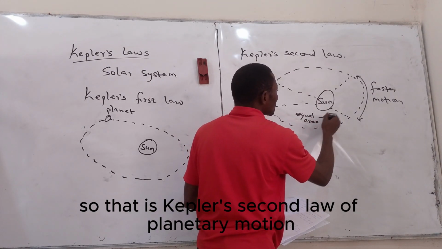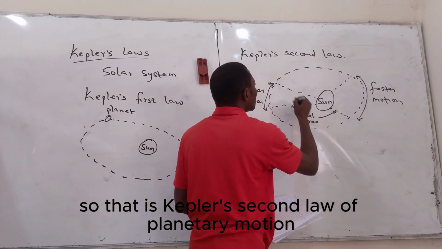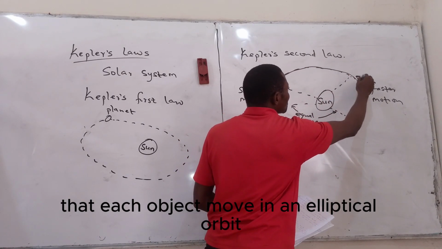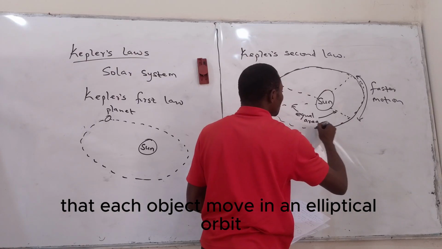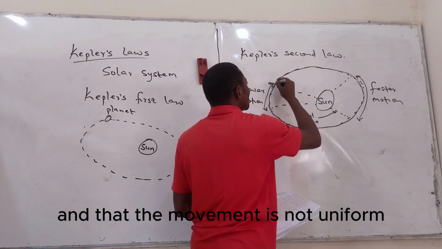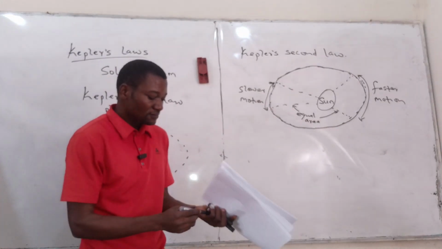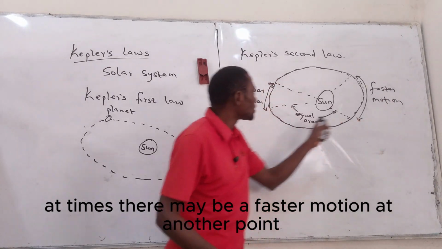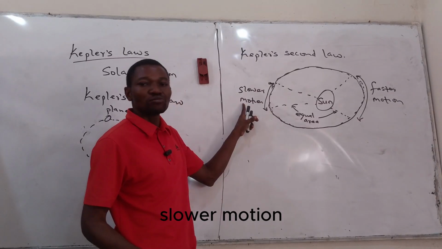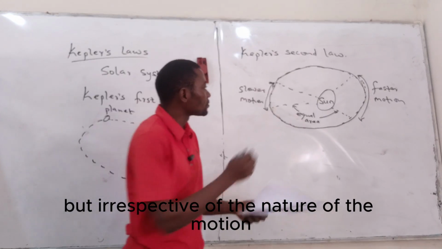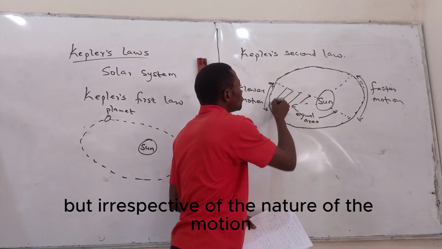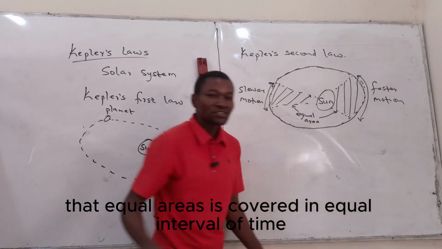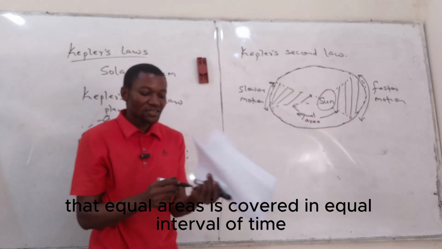So that is Kepler's second law of planetary motion, that each object moves in an elliptical orbit around the sun, and that the movement is not uniform. At times, there may be a faster motion, at another point, slower motion. But irrespective of the nature of the motion, equal areas is covered in equal interval of time.